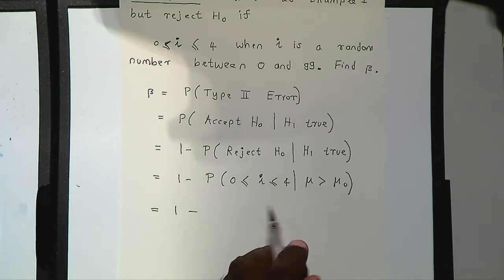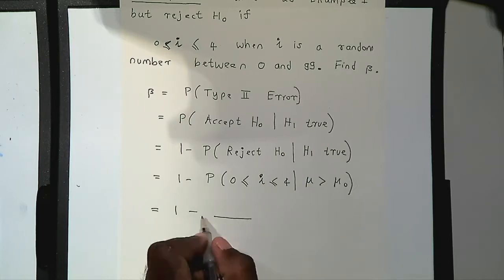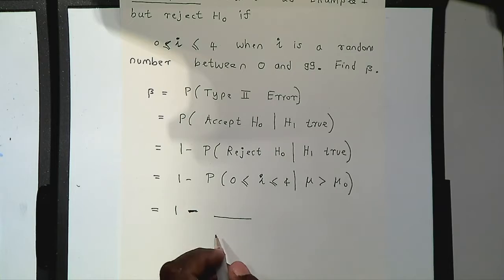And you did probability 1 last semester, right? So what's the probability of this happening? Now, how many possible values can I take? 0 to 99, there are how many?